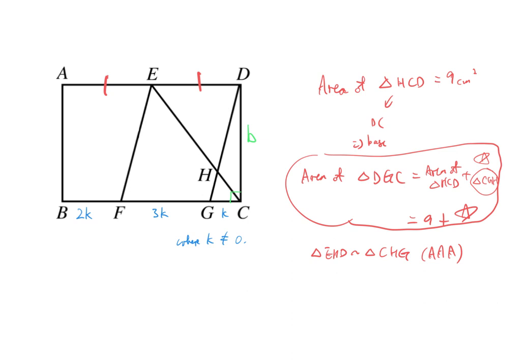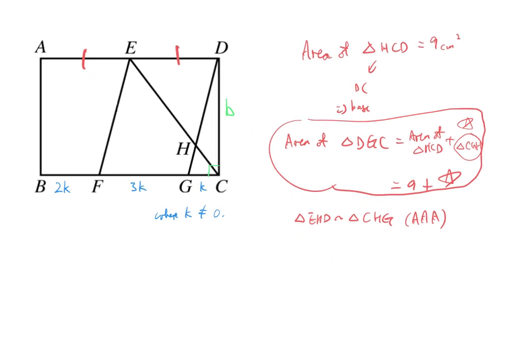Okay, and also we may check the area of them by the value of K and B. Because for triangle EHD, we may say that the height of EHD can be H1, and the height of CHG can be H2.